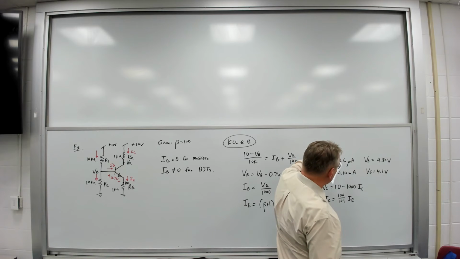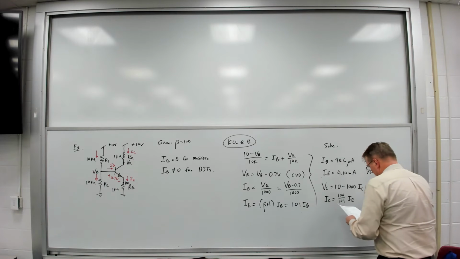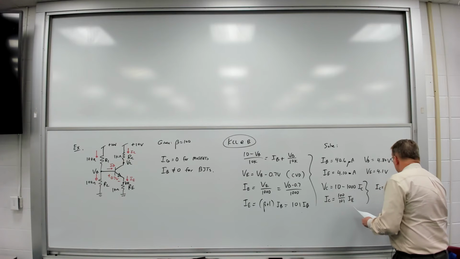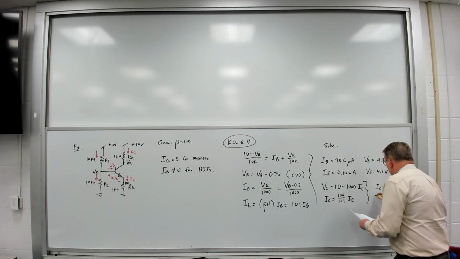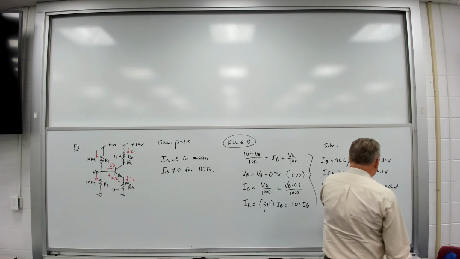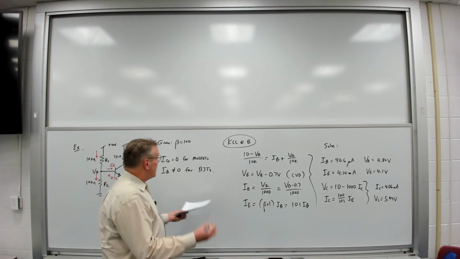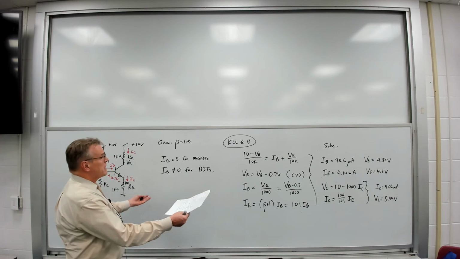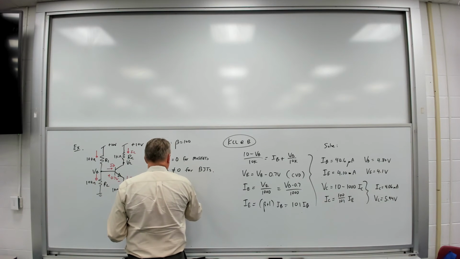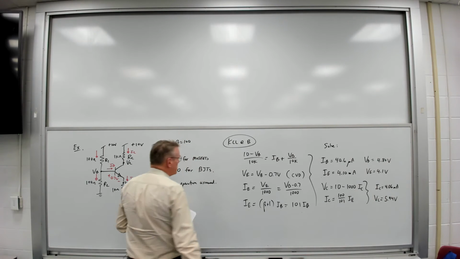Plugging in the value for IE and substituting, I will get that IC will be equal to 4.06 milliamps, and VC will be equal to 5.94 volts. I wanted to calculate IC because I also wanted to check and make sure that this transistor is actually operating in the active region, because, of course, I'm making the assumption that it's in active operation. So that was my assumption.